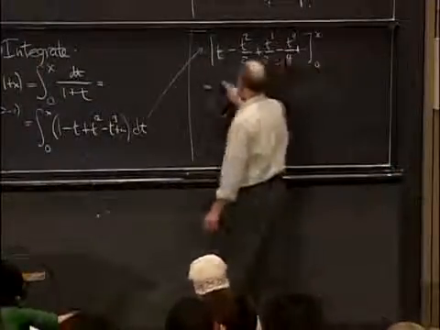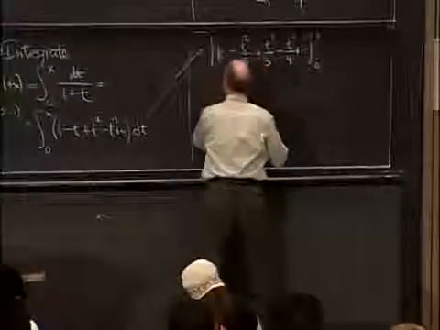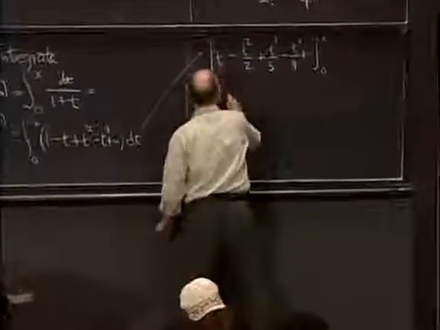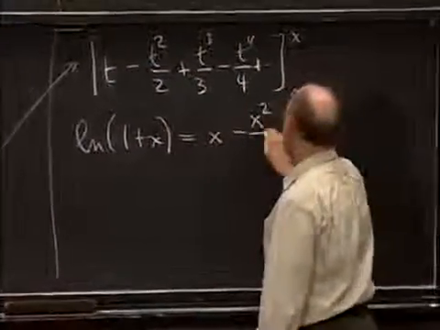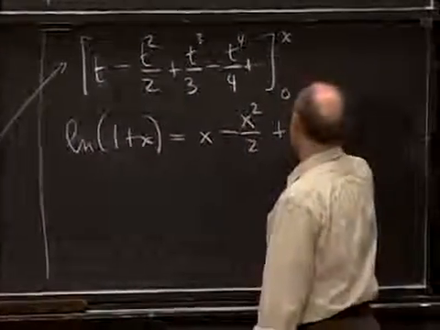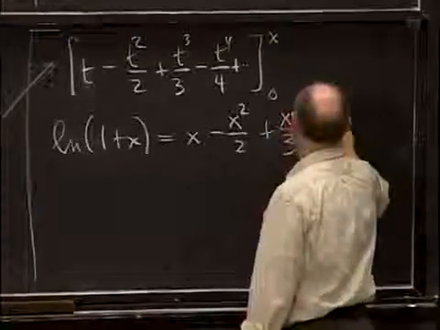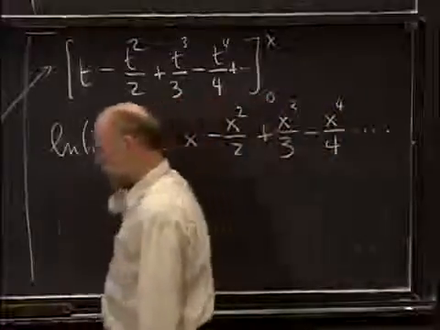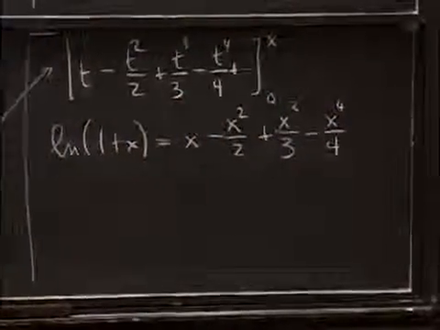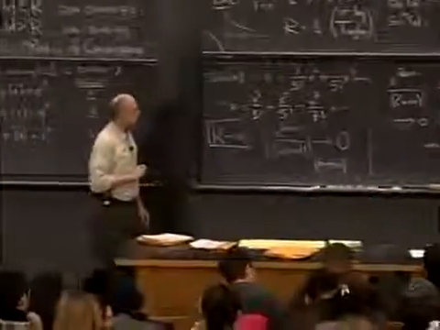So I've discovered that the natural log of 1 plus x is x minus x squared over 2 plus x cubed over 3 minus x to the fourth over 4, and so on and so on. There's the power series expansion for the natural log of 1 plus x.